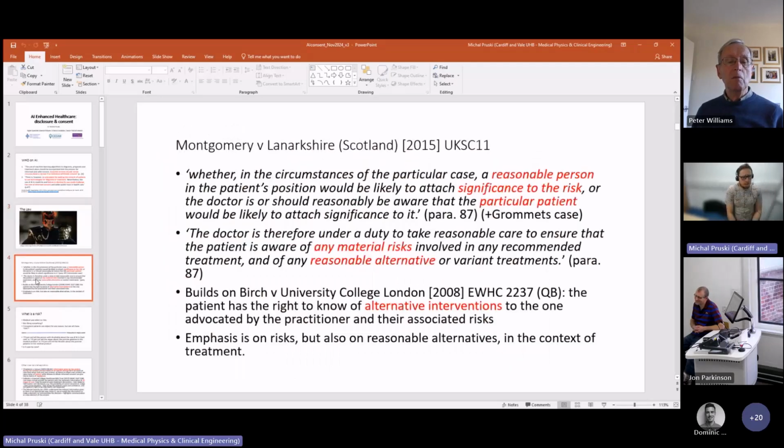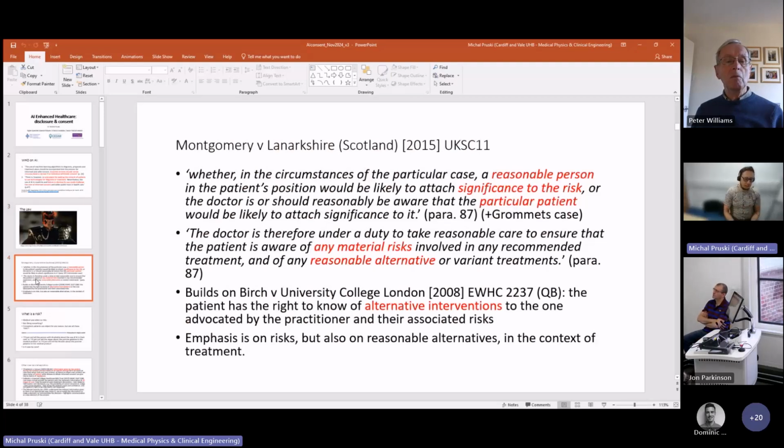So probably the key ruling that dictates how we approach patient consent is the Montgomery case that happened about 2015. It's on the slide.